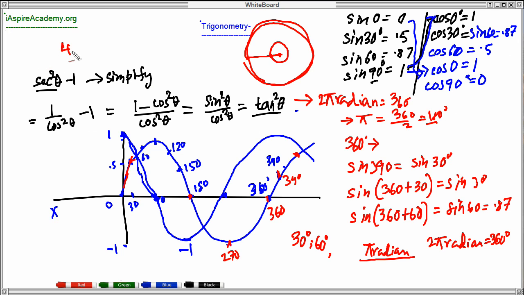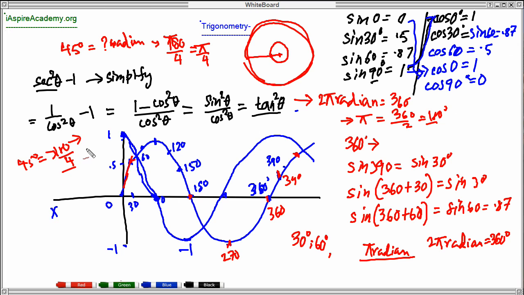So let's say 45 degree. 45 degree equals what in radian? If you have to express it in terms of radian, since we know pi radian is 180 degree, 45 degree is 180 degree divided by 4, correct?